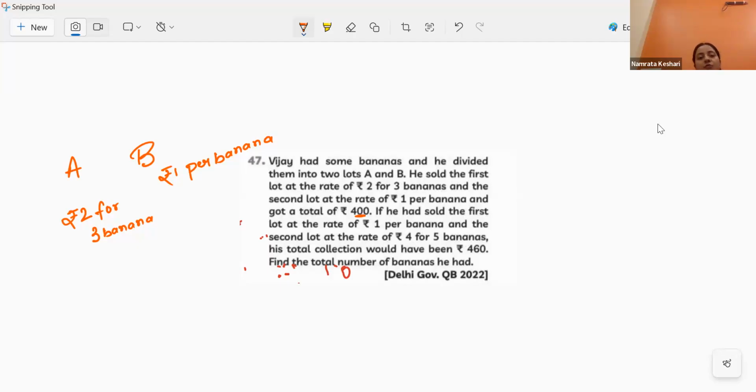So let's assume that the number of bananas in the first lot is X, and the number of bananas in the second lot is Y.